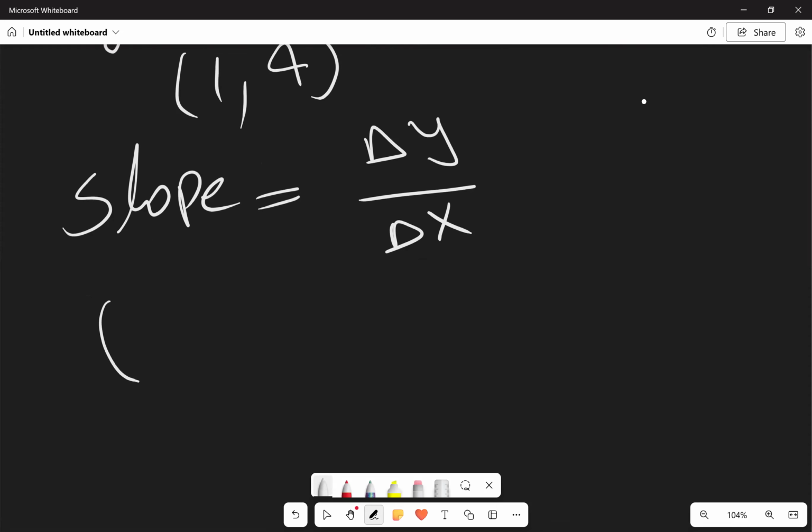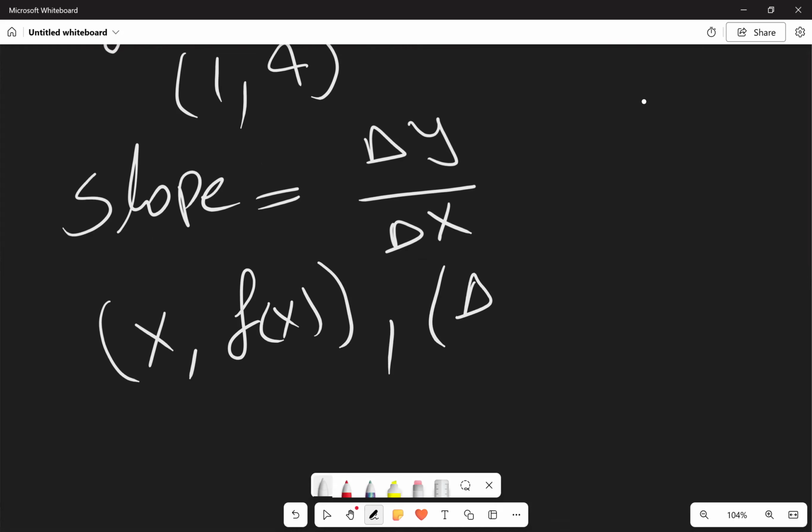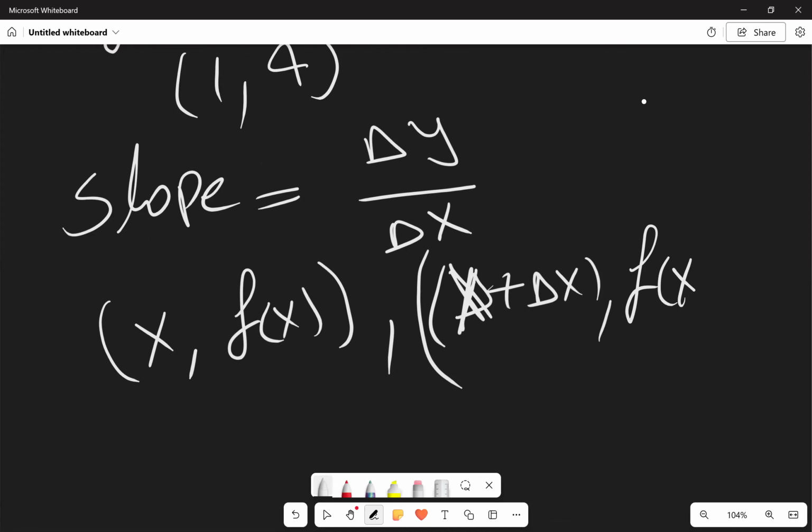Then let's say I have a point x and its y is going to be f of x, and another point at which I'm adding a small interval in the x. So it's x plus delta x, and its y is going to be f of x plus delta x.